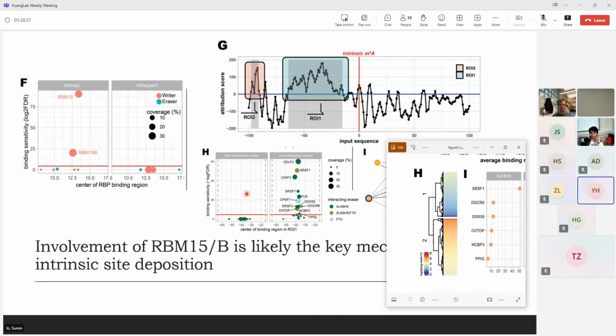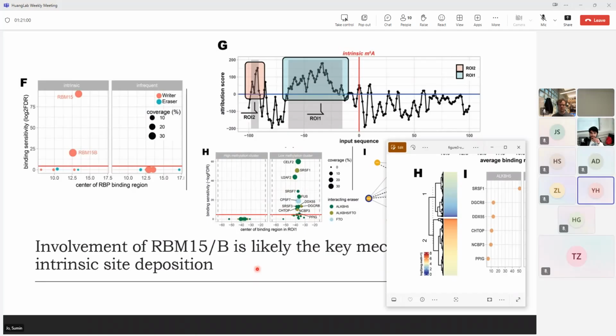And a close examination of this list of enriched RNA binding proteins in the low methylation group identified the eraser protein, right? No. Which, RBP interacting with eraser. They are not a known eraser. Oh, okay. I see. Okay.